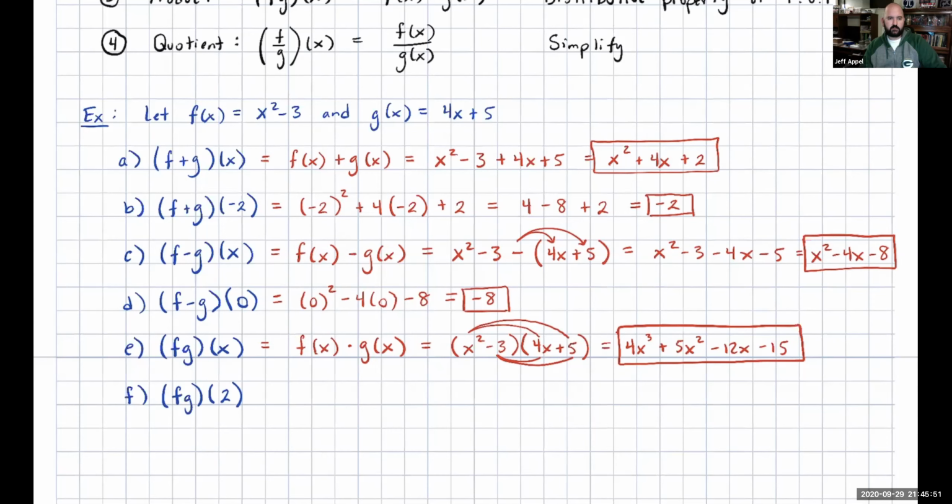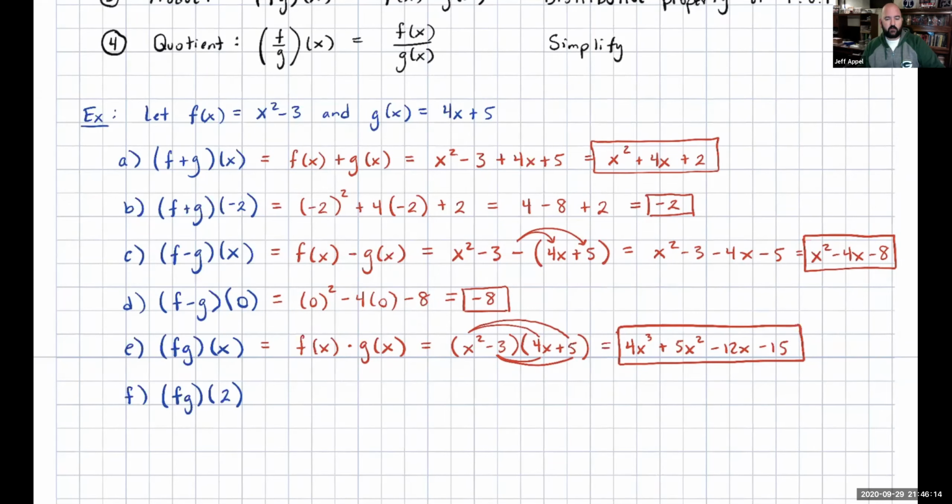Suppose that in this problem you were not asked to do part E first, and you were only given part F, which said just find f times g of 2. Does that mean you have to multiply everything out first like we did in E and then plug in the 2? No, you can do that, and if that's what you're comfortable with doing, then that's okay.